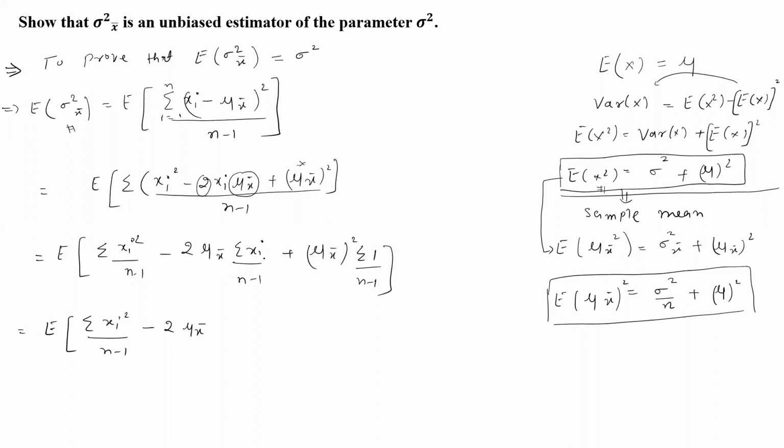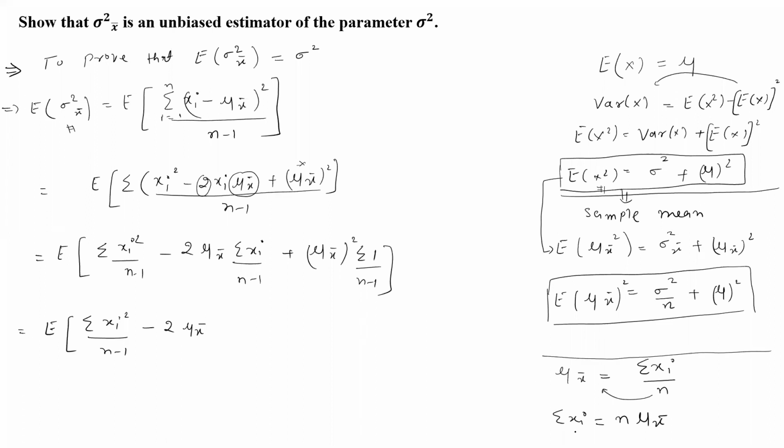What can you write for summation of xi here? If you just recall the formula of mean, we can always write that as summation of xi divided by n. I want summation of xi, so you can bring this side. So summation of xi can be written as n times mu of x bar.